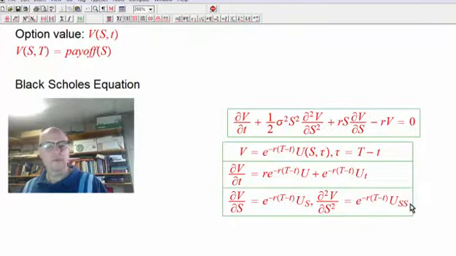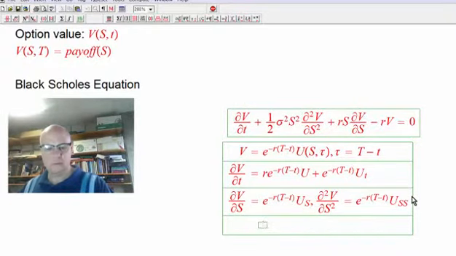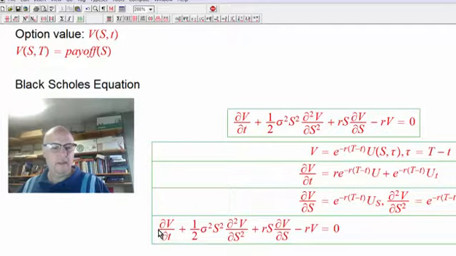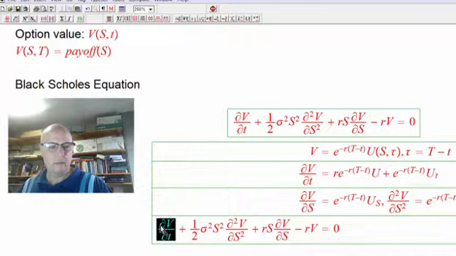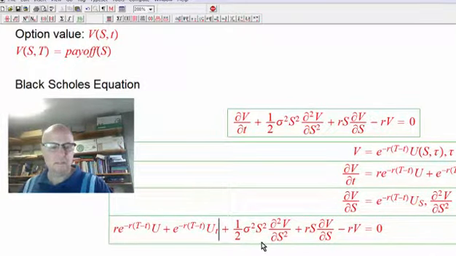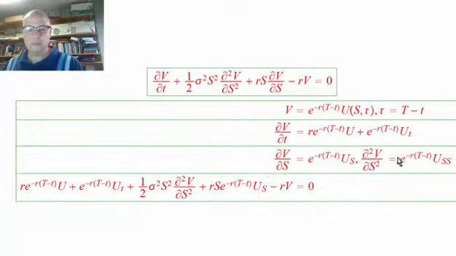When I substitute that all in, let's put all those pieces in. Here I've got my dV dt, here I've got my dV ds, here I've got my second derivative.